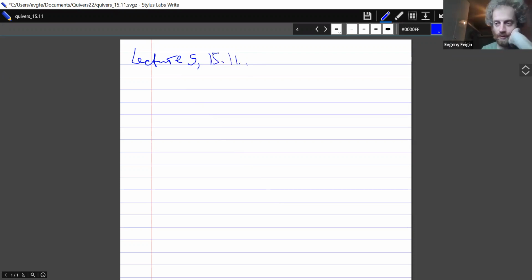Okay, so let me briefly recall what we had last lecture two weeks ago. As usual, we have our quiver Q, consisting of the set of vertices and the set of arrows.